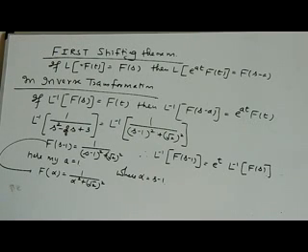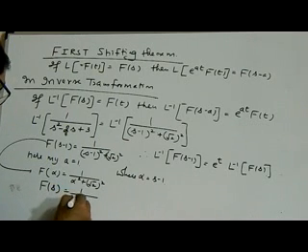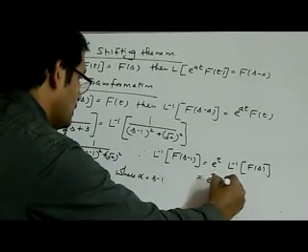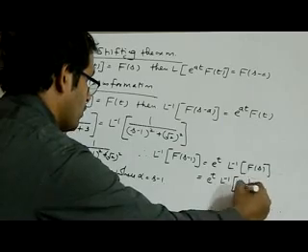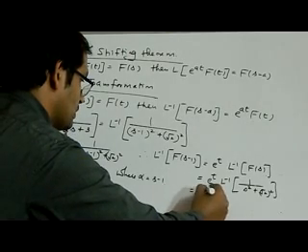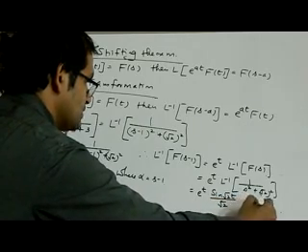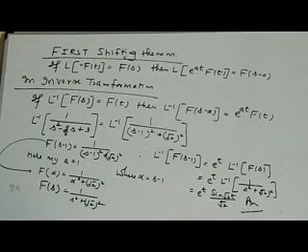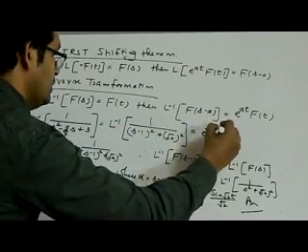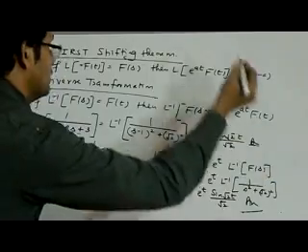So similarly, I can write F(s) as 1 upon s square plus root 2 square. Therefore it is nothing but e to the power t L inverse of 1 upon s square plus root 2 square, which is nothing but e to the power t sin root 2 t by root 2. That is the answer. That is my final answer.